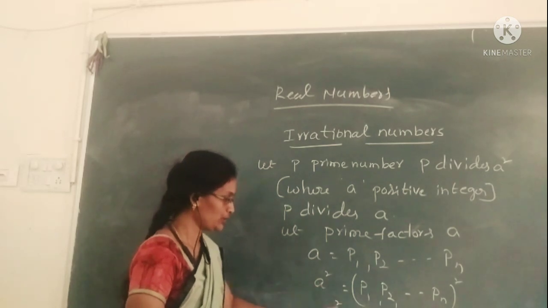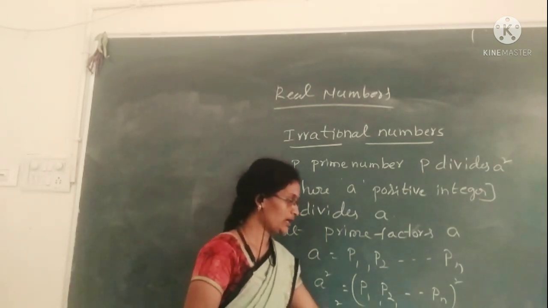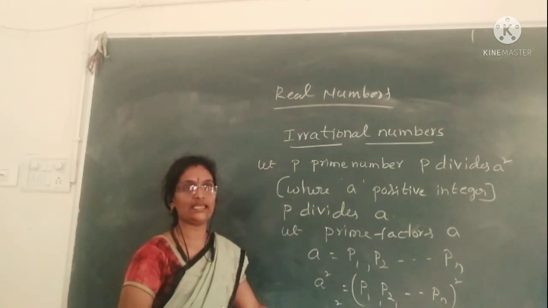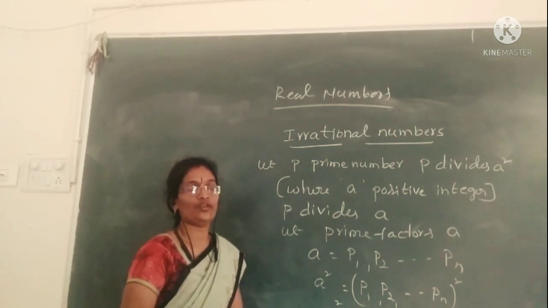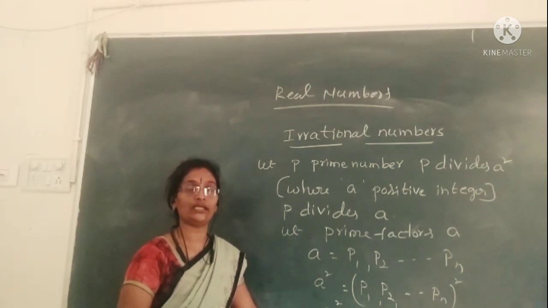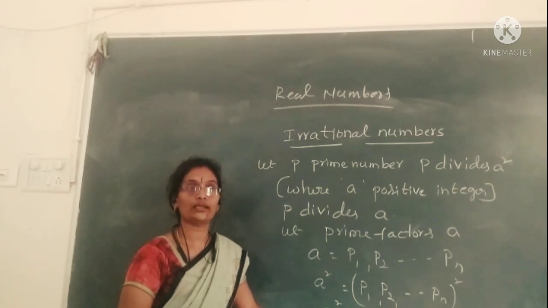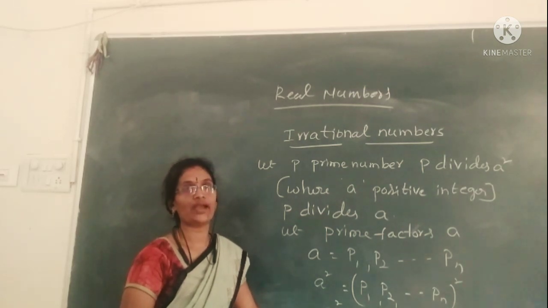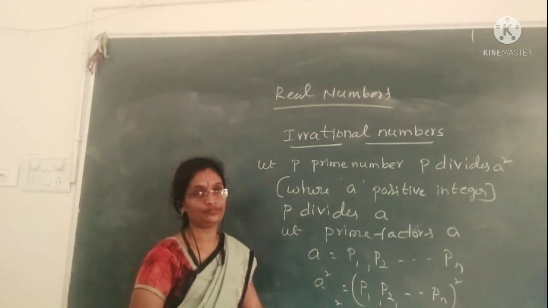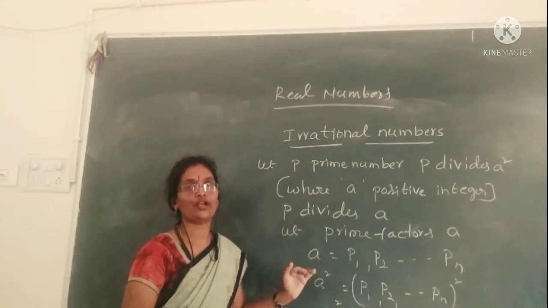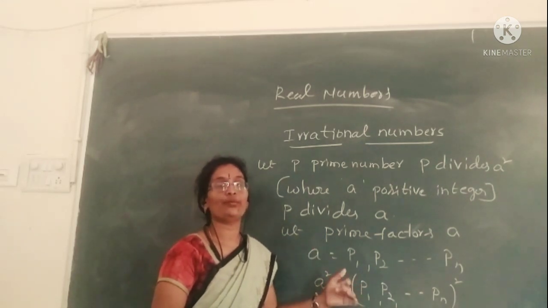What can we observe? We can use the fundamental theorem of arithmetic. What is the fundamental theorem of arithmetic? Every composite number can be expressed as a product of primes, and this factorization is unique, apart from the order in which the primes occur.